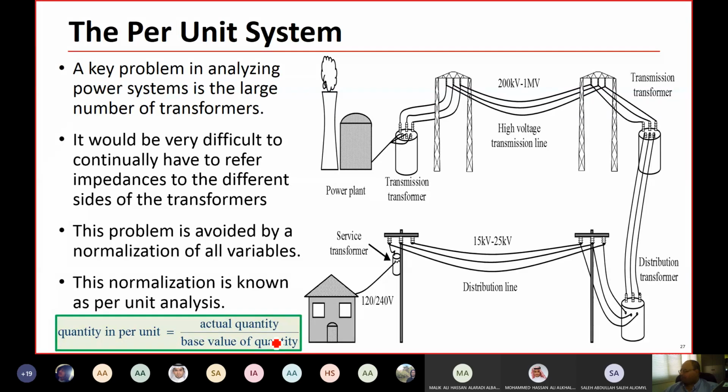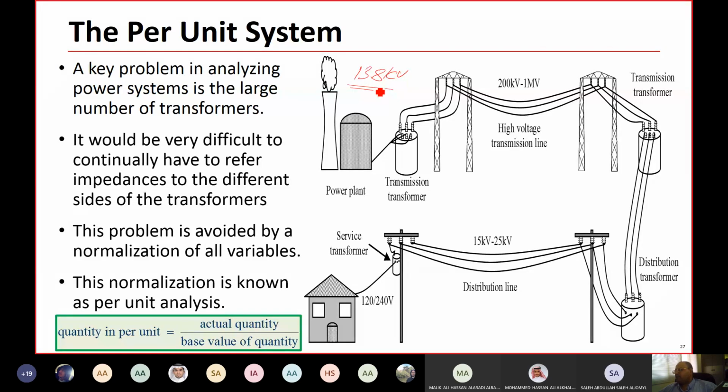For example, if you have such voltage here, the voltage here in the power plant is 13.8 kilovolt, right? This is the rated value. But of course, the power system operator can operate the generation plant at different values of the voltage.